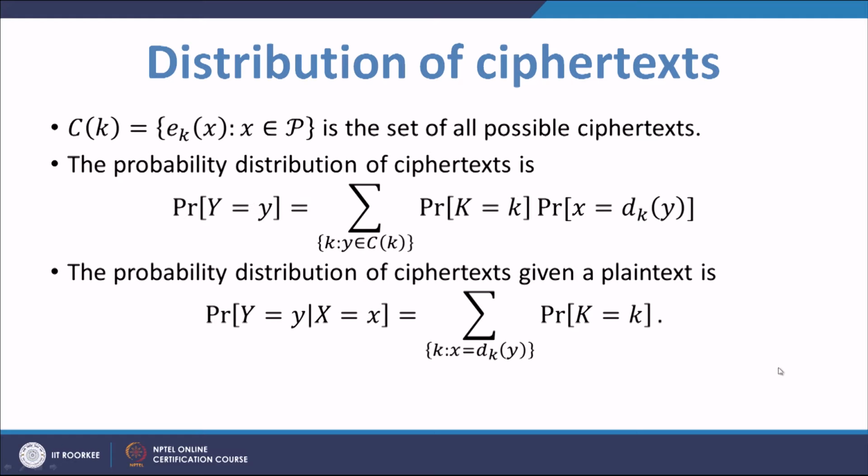So, we have to take all the C_k's in which y belongs, of which y is an element, and take that k and sum this over all those k's. Now, let us try to see what happens here.